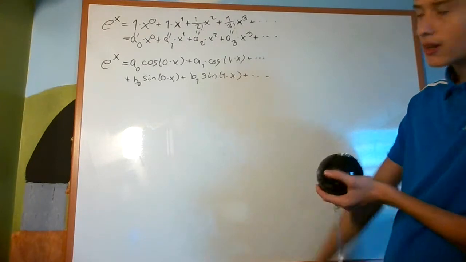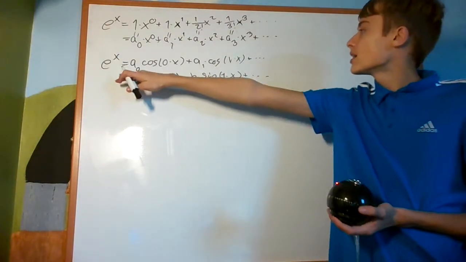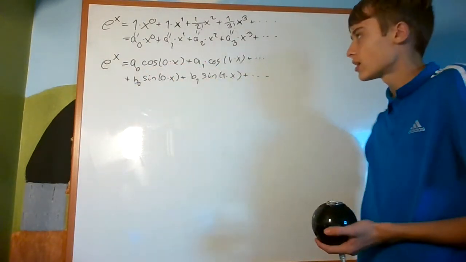What if I wanted to find the an's and the bn's for this?